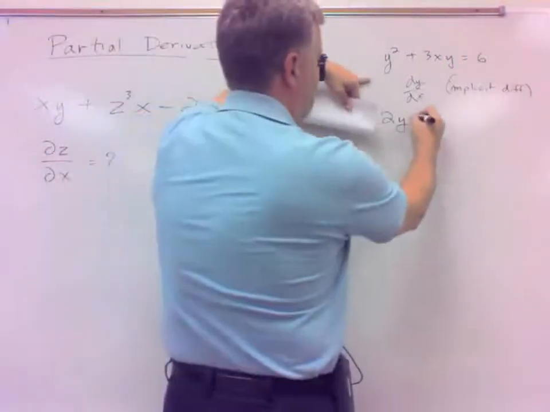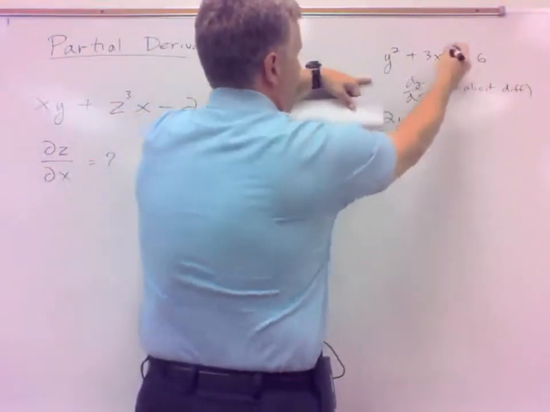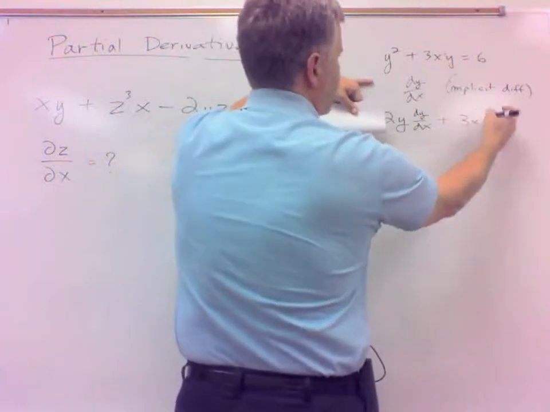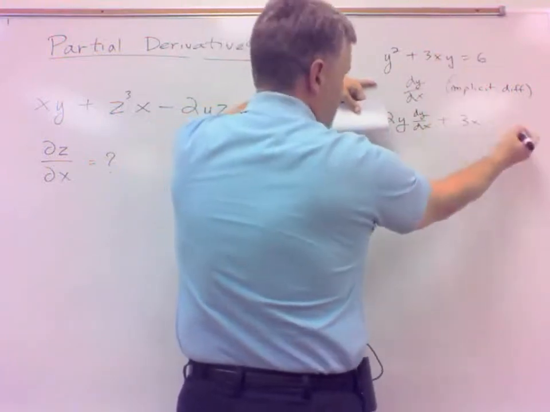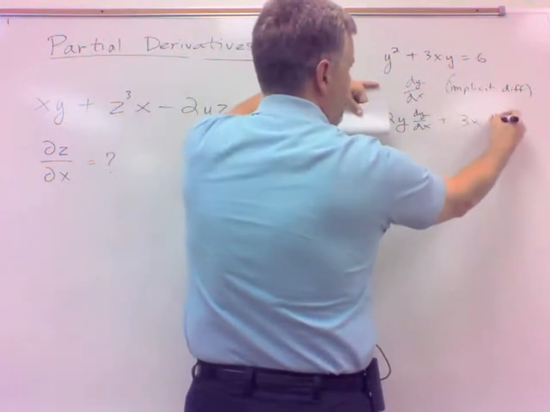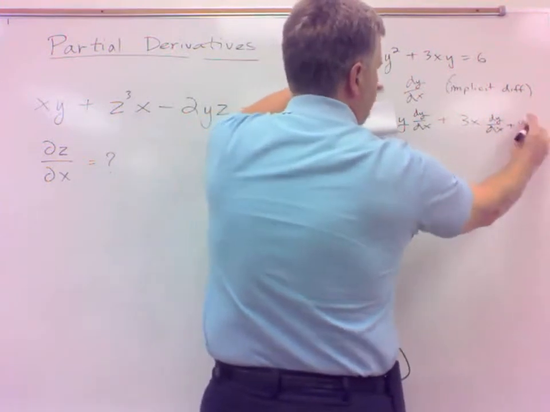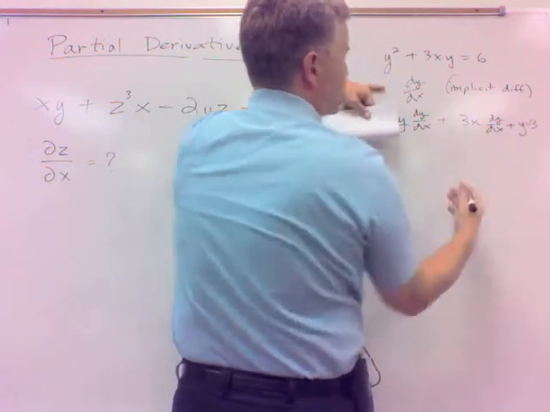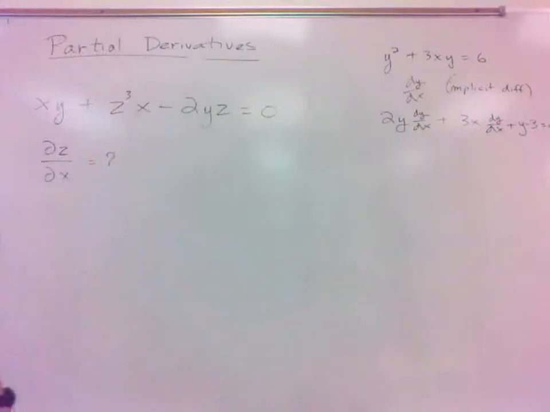I need the dy dx, right? And then over here, I've got to do the product rule: first times the derivative of the second. So it'd be 1, but it's a y, so I've got to do dy dx. Then I reverse that. The derivative of the 3x is just 3, since it's already an x. And then we solve that for dy dx, right?